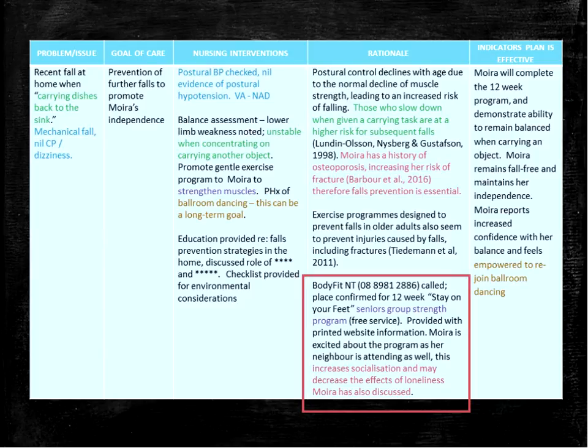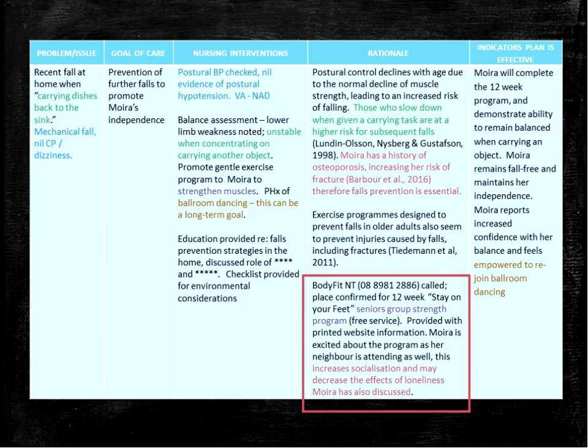Now, in the rationale column, what I've provided is why I've done what I've done. We know that there's evidence to say that postural control declines, thusly you're at an increased risk of falls. We know that given an object to carry, some people slow down, that identifies them as a higher risk for falls.